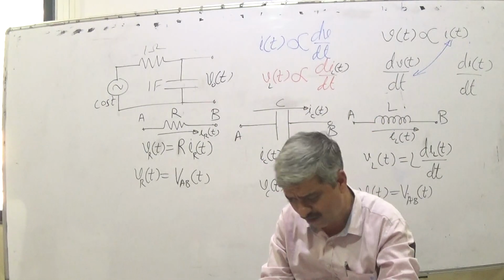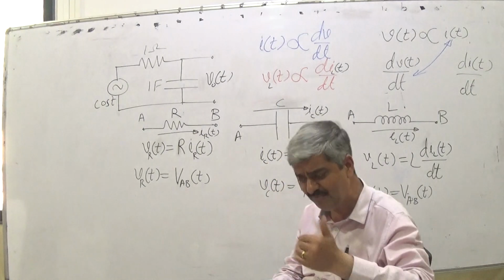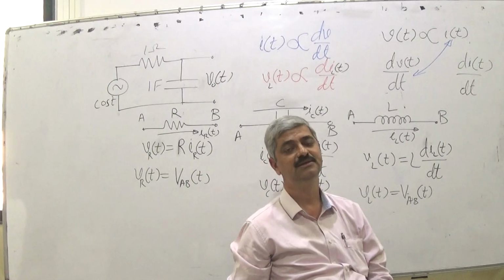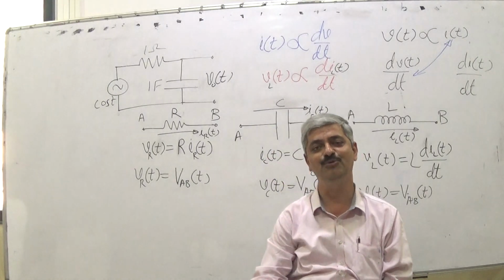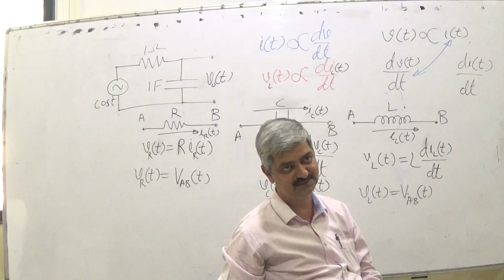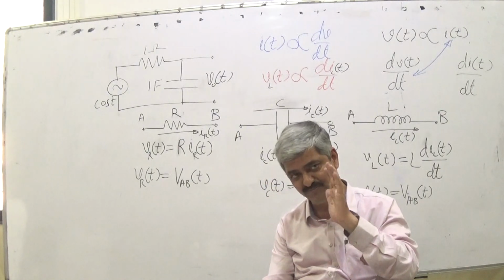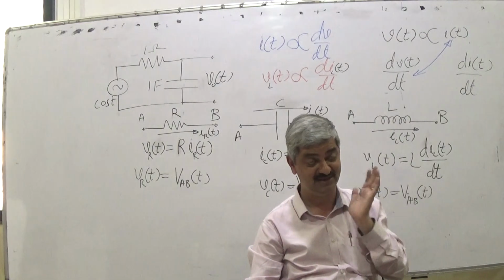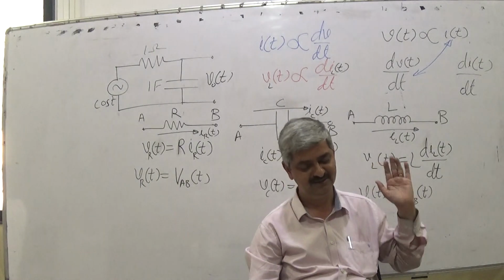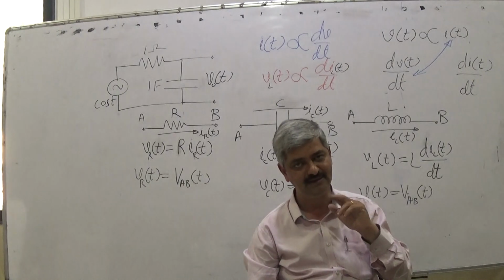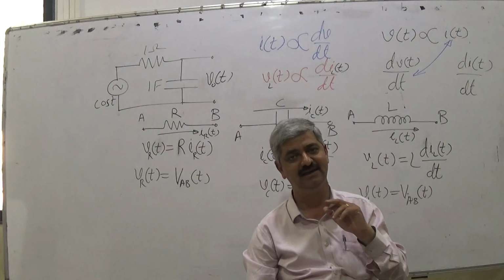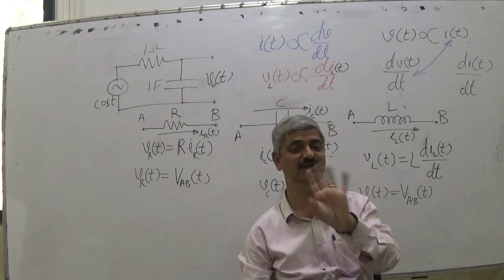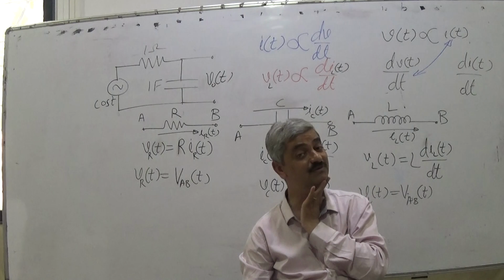Now you may think whether some kind of hypothetical device, listen very carefully, may exist. If you think that it is making you confused, then leave it. Whether a peculiar device is there such that only a differential proportional relationship exists.